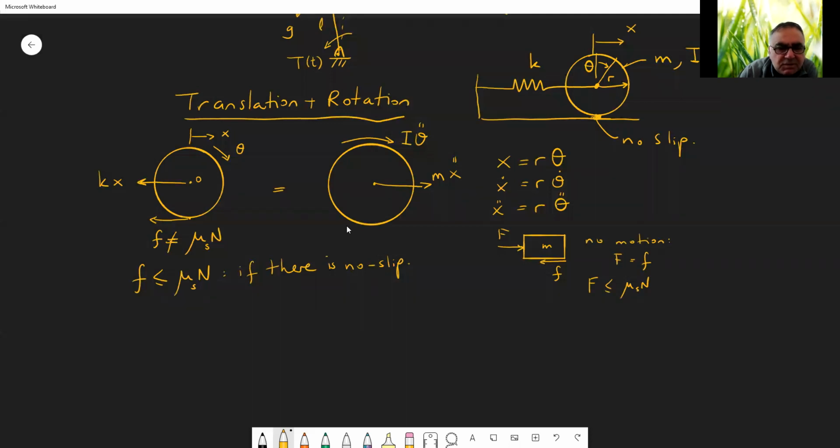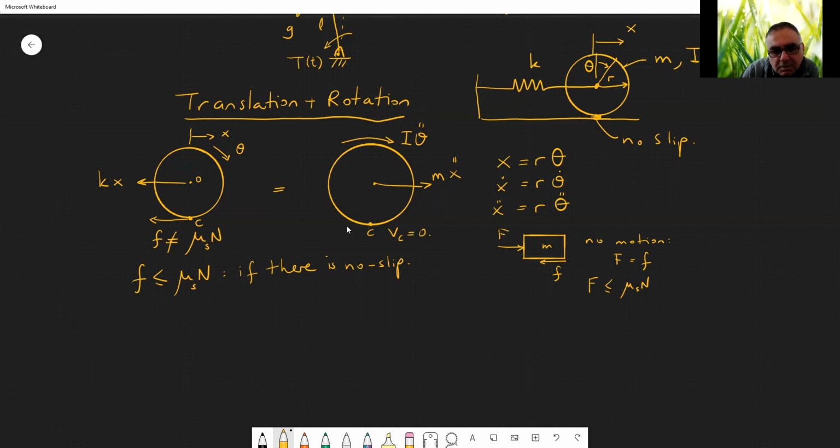Now, how is this related to our case? No slip means that, as you remember from dynamics, the contact point C is the instant center, and the velocity of this point is 0.